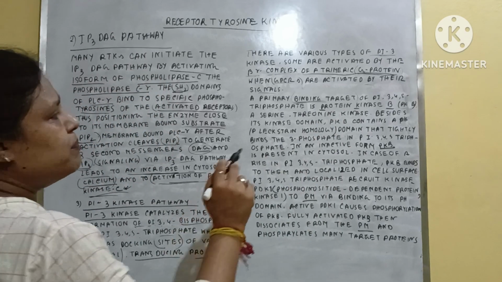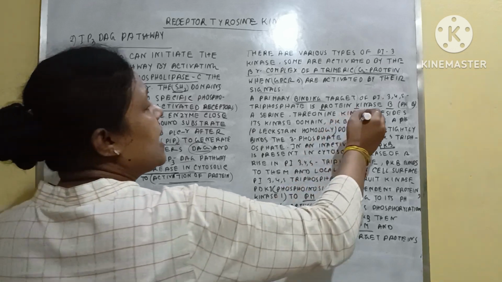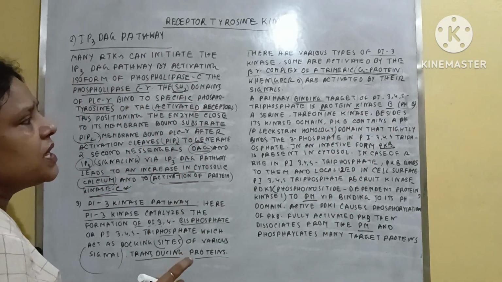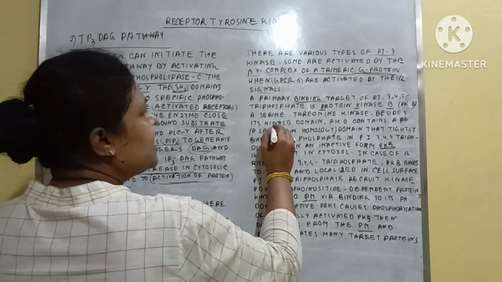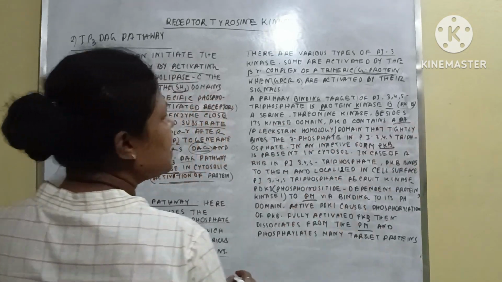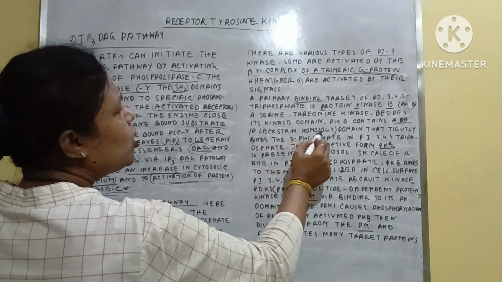Clear? And besides its kinase domain, PKB contains, okay, here we have to learn about PKB, that PKB has a kinase domain and also contains a PH domain. What is the PH domain? That is the pleckstrin homology domain.